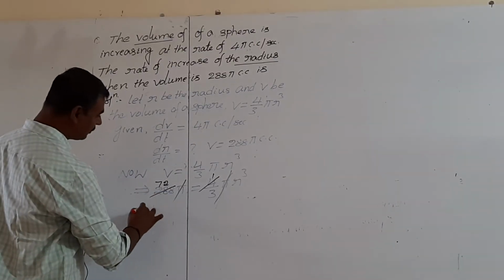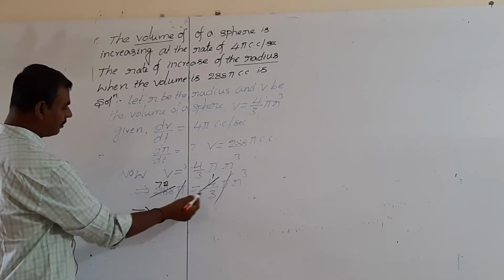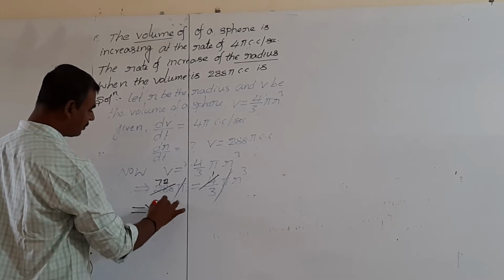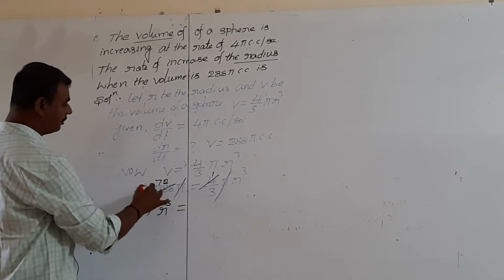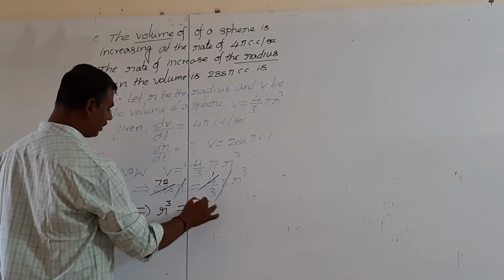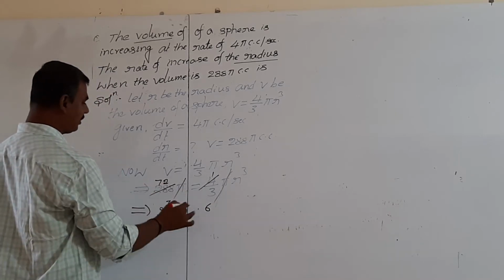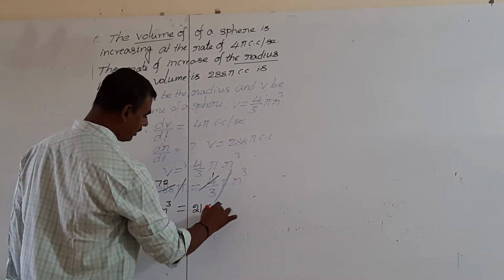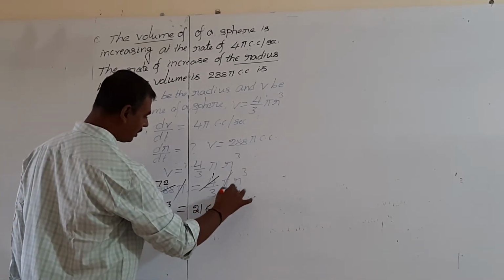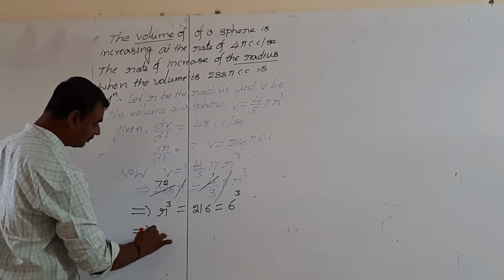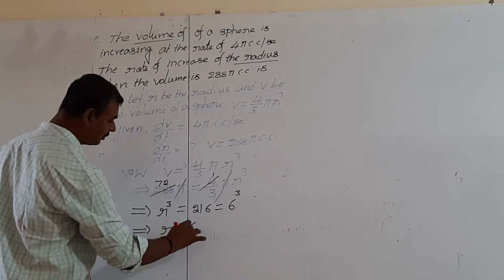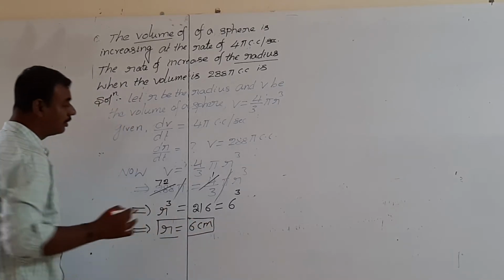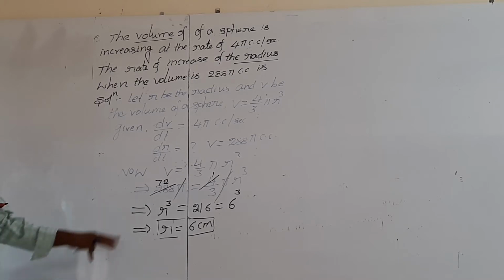Cross multiplying, we multiply by 3, so r raised to 3 is equal to 72 times 3, which is 216. We can also write this as 6 raised to 3. This becomes r is equal to 6 centimeters. So from this we got the radius of the sphere.